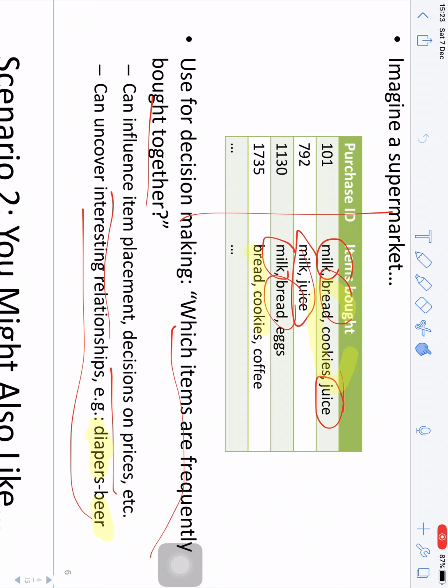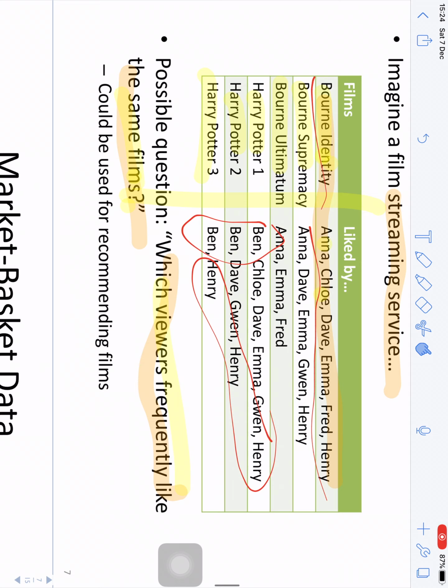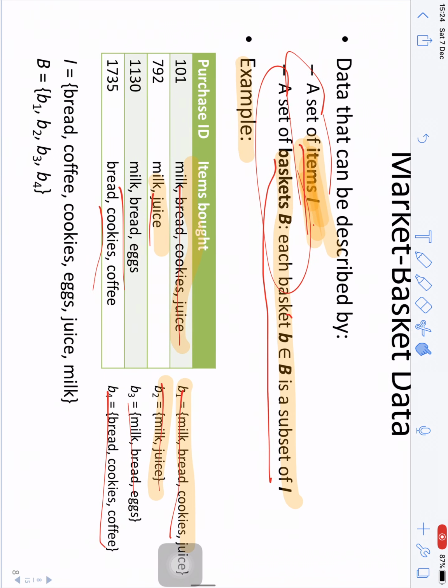Can we identify relationships, such as diapers and beers? Diapers in Chinese is 纸尿布. We may also consider a streaming service, with some films and all the customers for them. A possible question is which viewers frequently like the same films, which can be used for film recommendation.